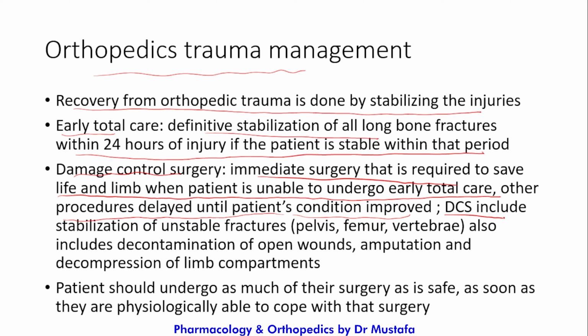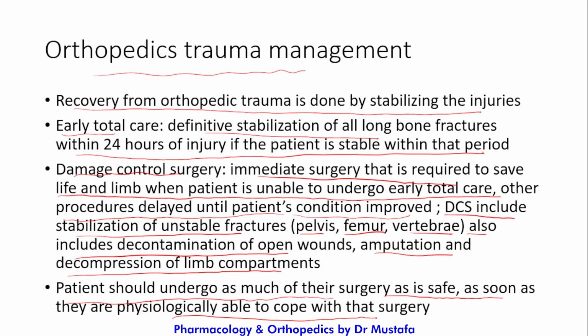Damage control surgery includes stabilization of the unstable fractures, including the pelvis, the femur, and the vertebrae, and also includes decontamination of the open wounds, amputation, and decompression of limb compartments. The patient should undergo as much of their surgery as is safe, as soon as they are physiologically able to cope with that surgery.